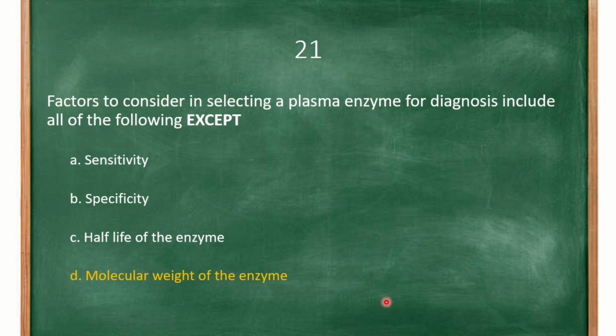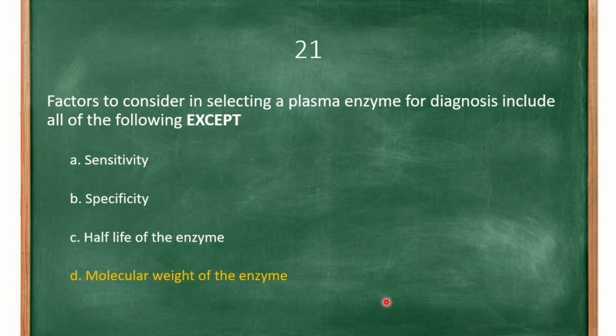For any enzyme test, sensitivity and specificity are very important. Sensitivity relates to the ability of the enzyme to detect the presence of the disease when it is indeed present.